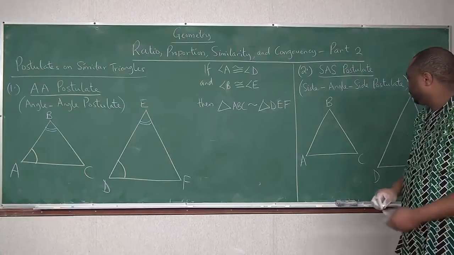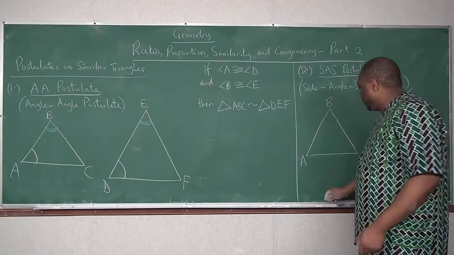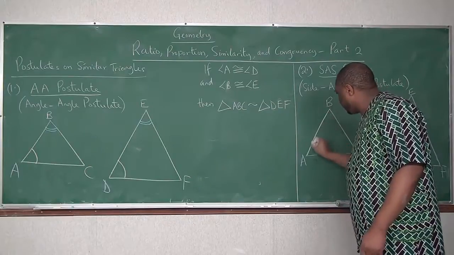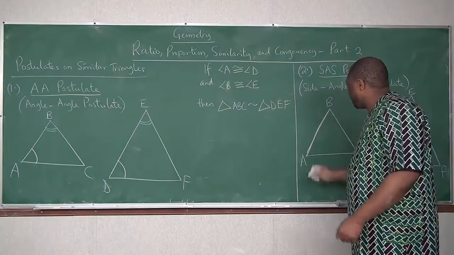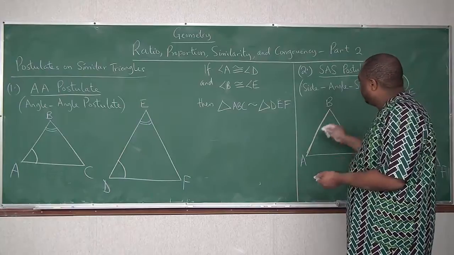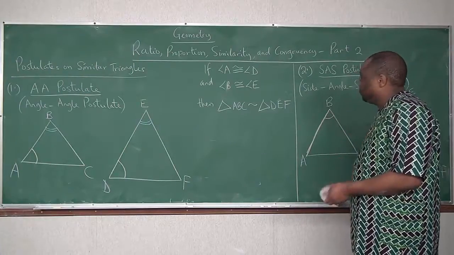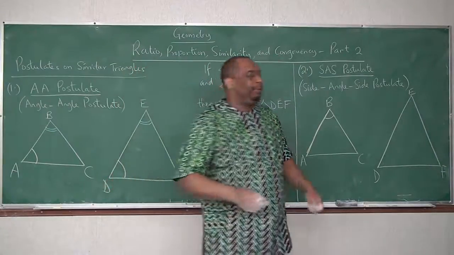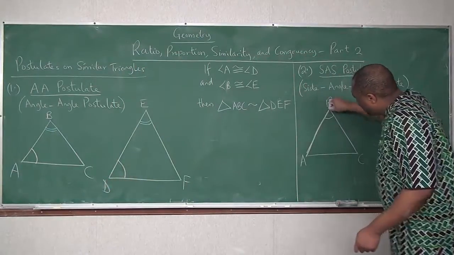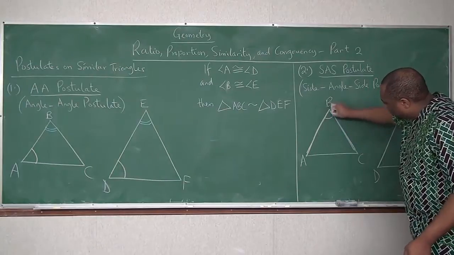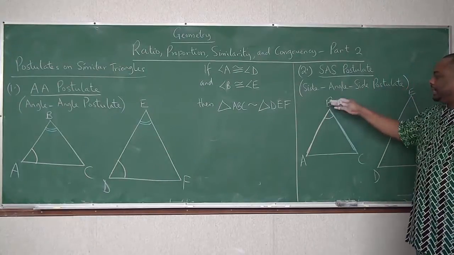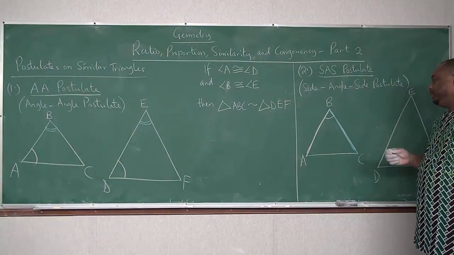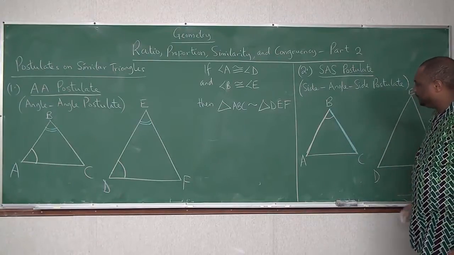So I will use a yellow chalk here for the side, then I'll use white chalk for the included angle, and I'll use blue for the other side: side angle side. Side AB, angle B, and then side BC.